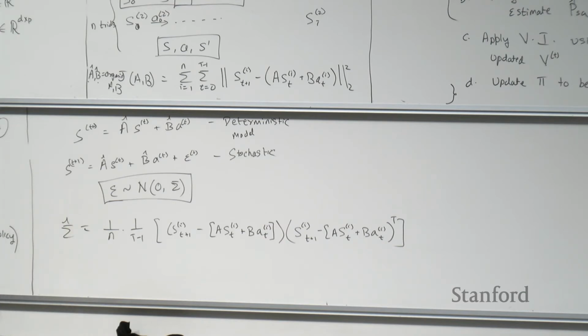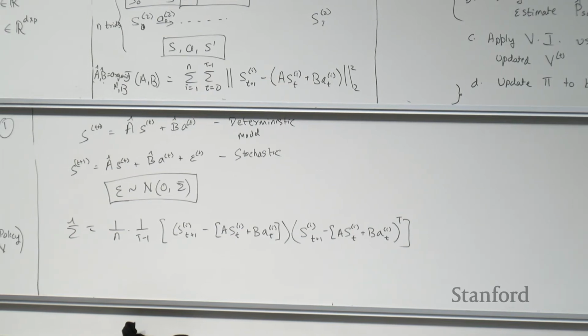Question? Let's say on the p-set or in real life, how do you know when to stop that step? How do you know your estimates of A, B, and sigma are okay? Is there a limitation on how many times we can query?